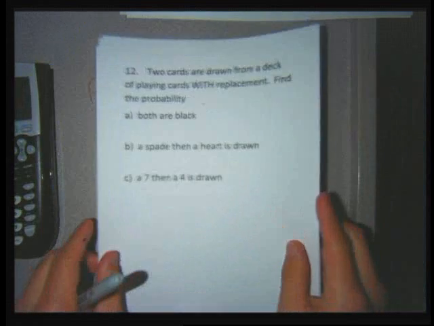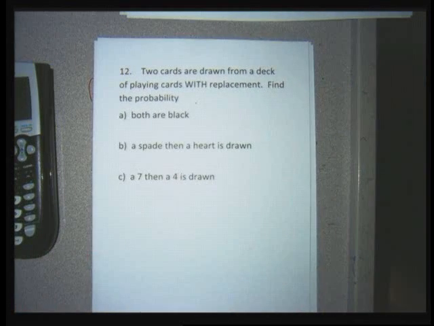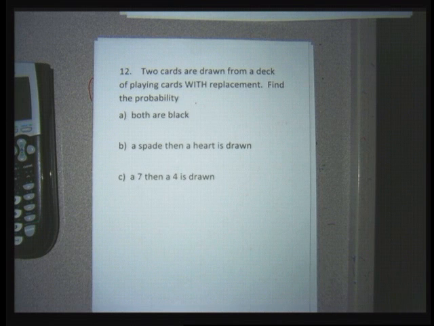In 12, however, the denominators are going to decrease each time. So in 11, because the people that I'm picking weren't from the 100 people that were given the test, I didn't decrease my denominator. In 12, I'm picking 2 cards and I'm replacing the cards, and I'm going to do my probabilities similar to number 11.